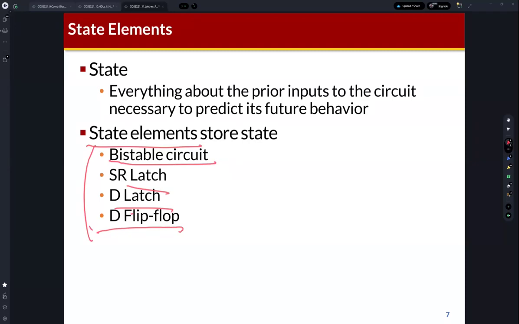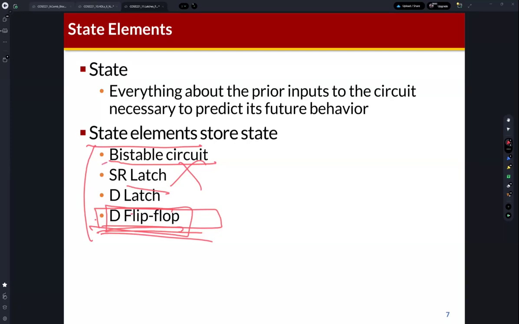In digital systems, we normally use the D flip-flop, not a latch, because I mentioned that in Verilog, if a latch is generated, it's wrong, right? But we need to understand how latches work, the basic concept of a latch, in order to understand the D flip-flop.